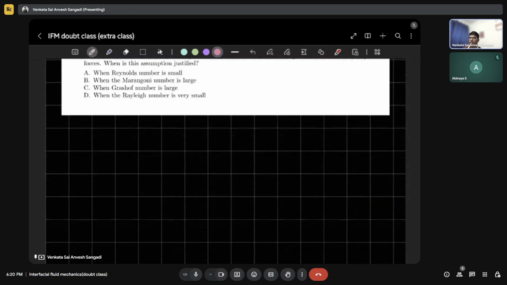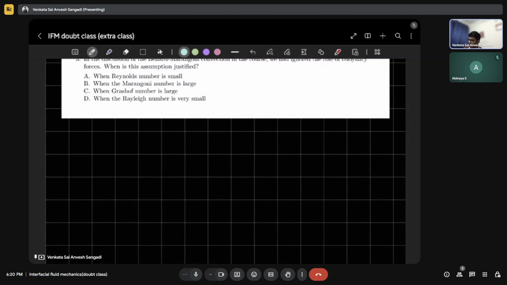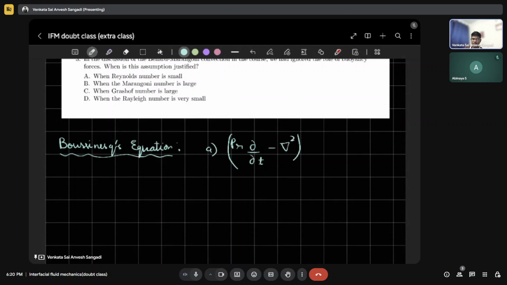So let me write the Boussinesq equations. The first equation, A, is Prandtl number times d by dt of del square theta cap, which is negative of omega cap.